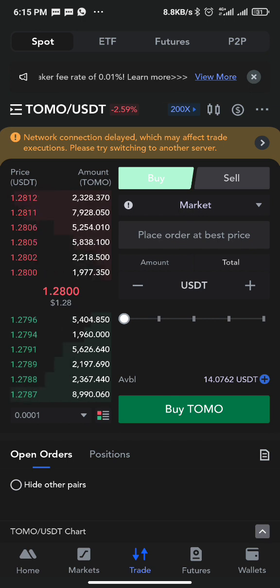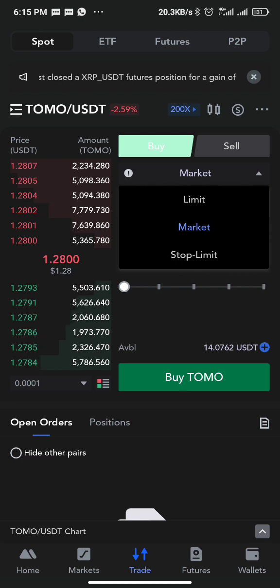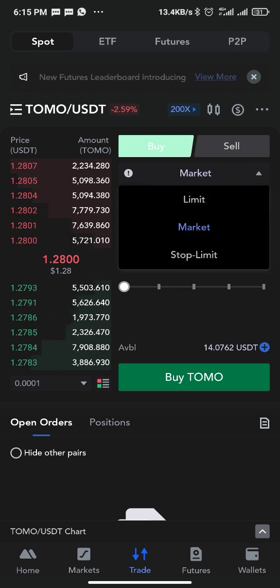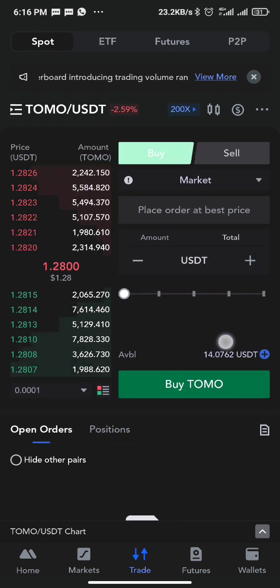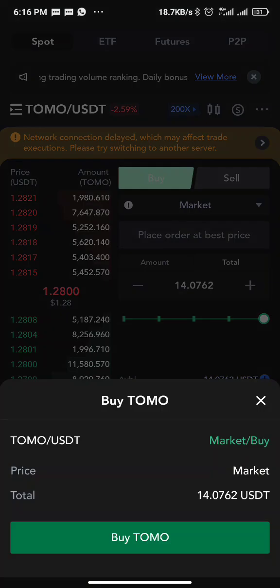We click on the market, we have limit, we have market, we have stop limit. So let's assume I want to buy at the current market price. I will just change it to market, and you can see the current market price is 1.28. So as you plug in 100%, drag it to 100%, buy.